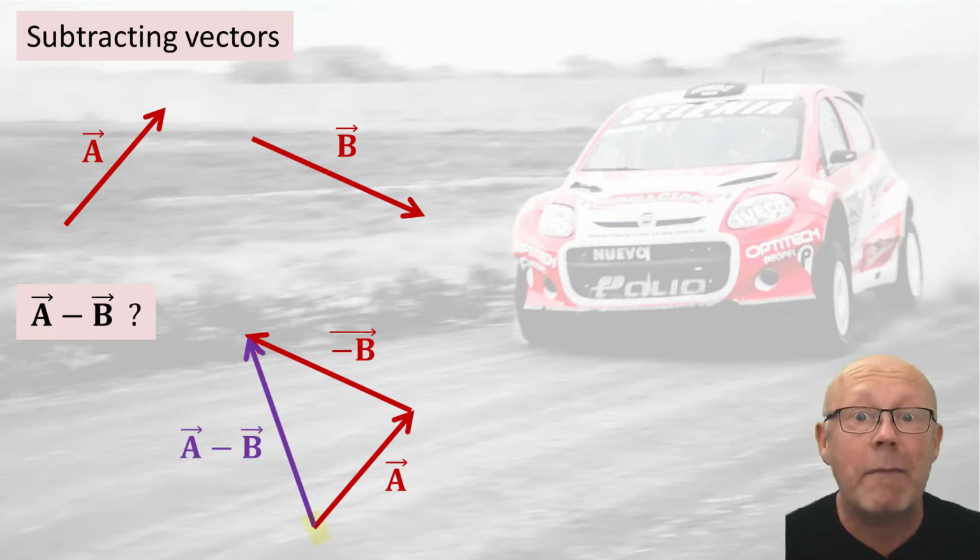So the vector A minus B will start on the tail of vector A and end at the tip of vector minus B.